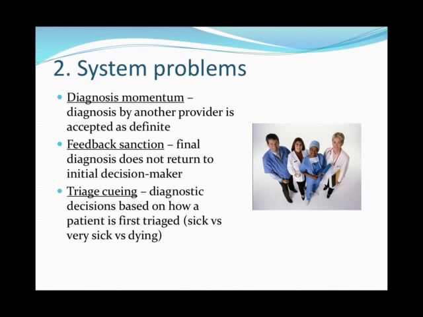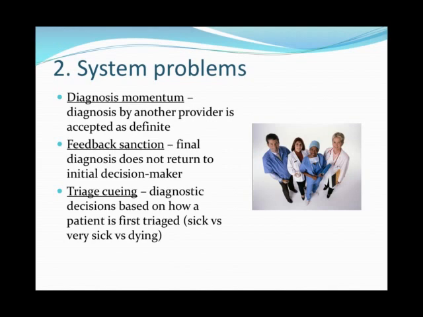Feedback sanction is when a final diagnosis does not return to the initial decision maker. And maybe you can understand why that would be bad. Say the first doctor thinks it's a cough, but another doctor later finds out that this patient has cancer.